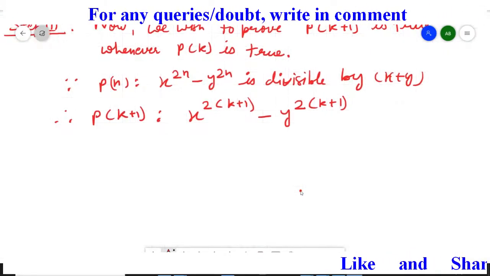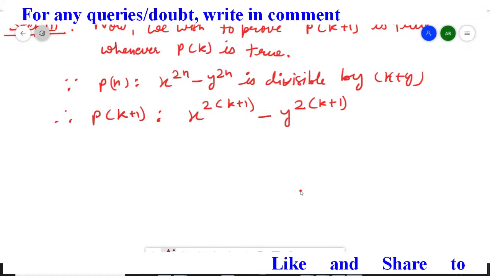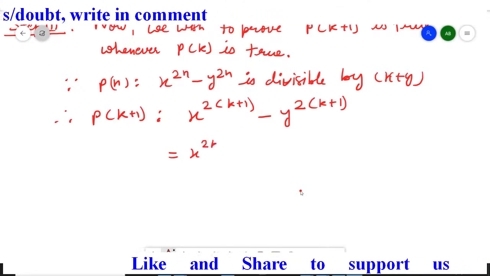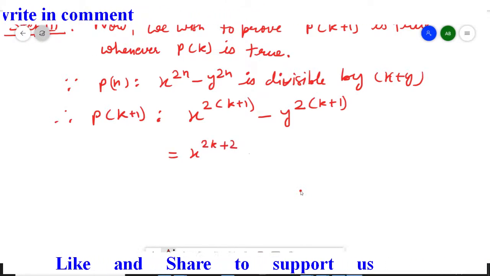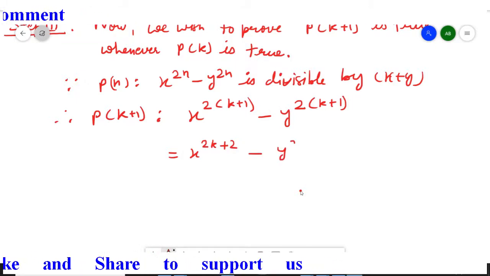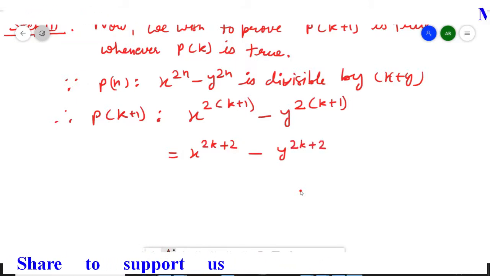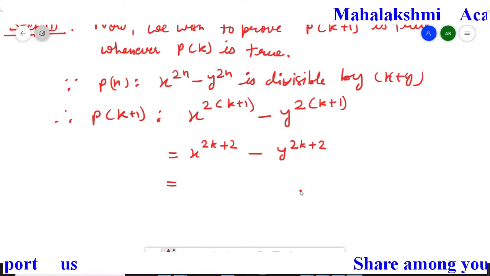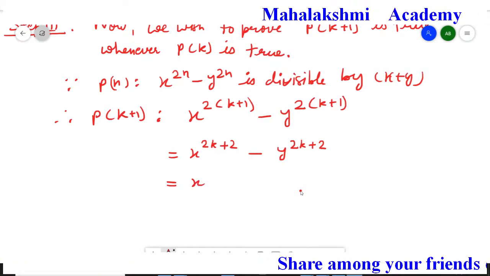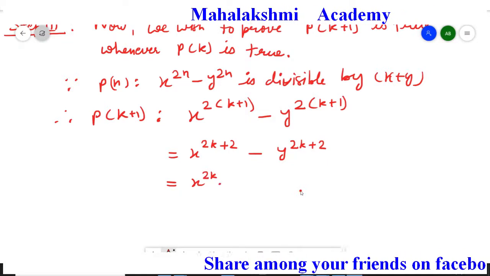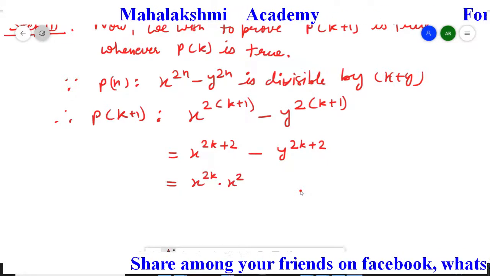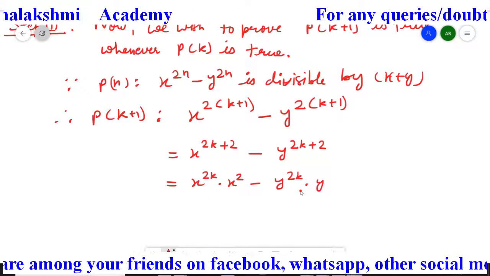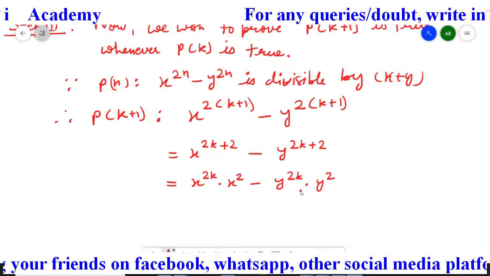For simplification, first I am going to open the power bracket, that is x to the power 2k plus 2 minus y to the power 2k plus 2. Now these powers are in plus, means bases might be in multiplication. So we write here x to the power 2k multiplied by x to the power 2 minus y to the power 2k multiplied by y square.